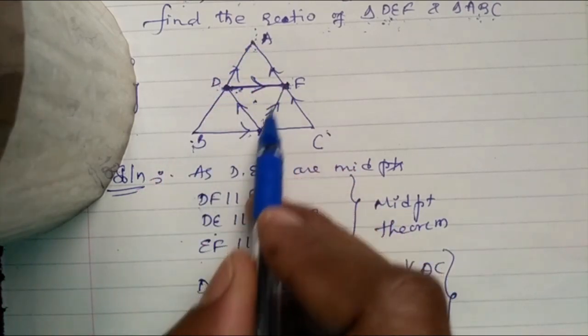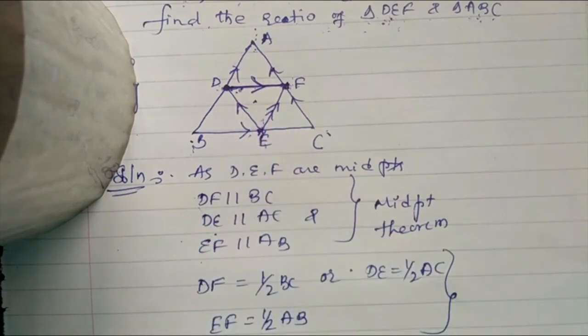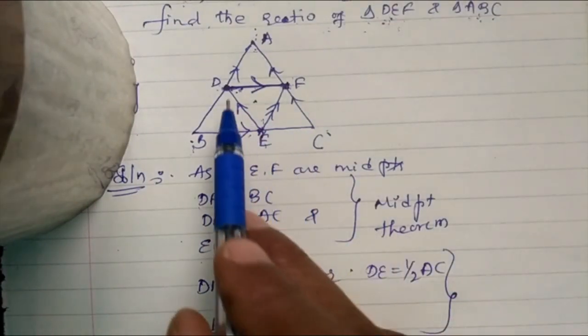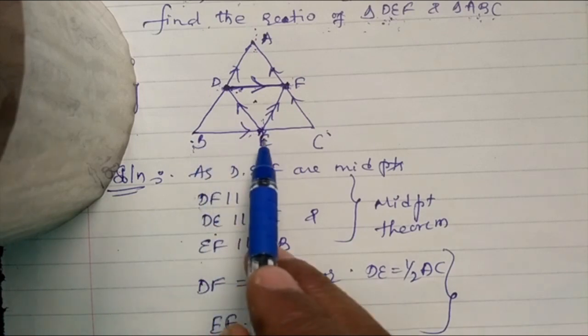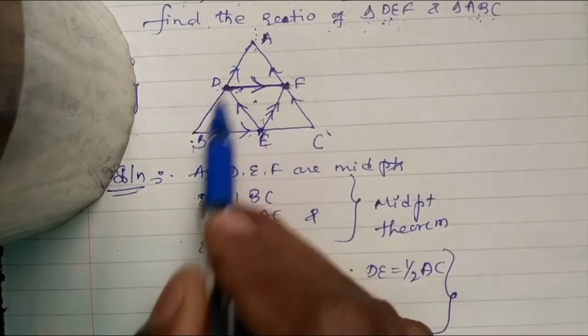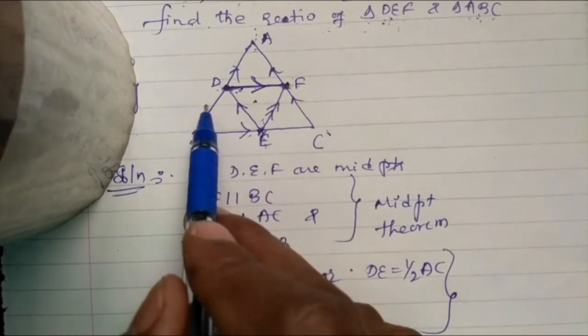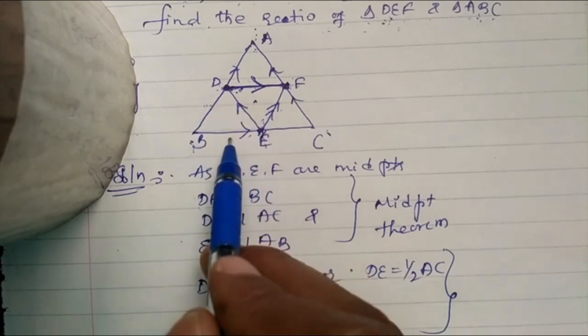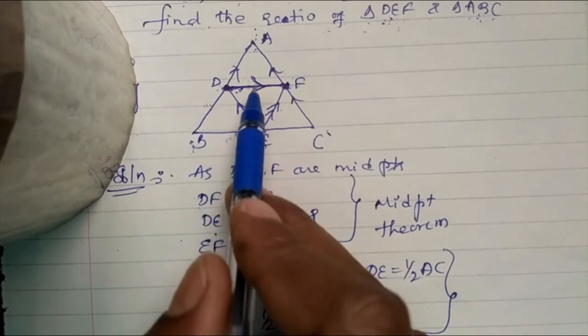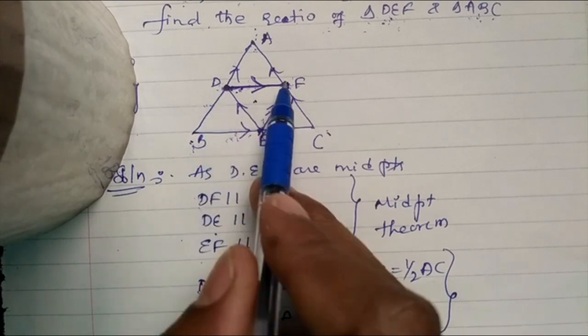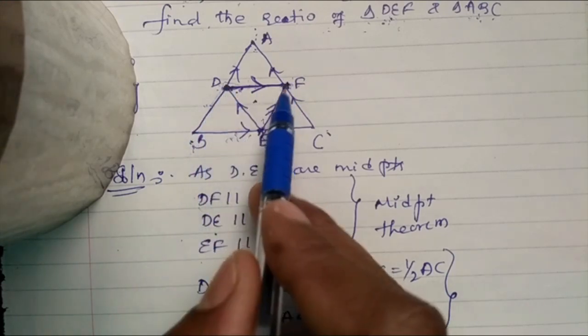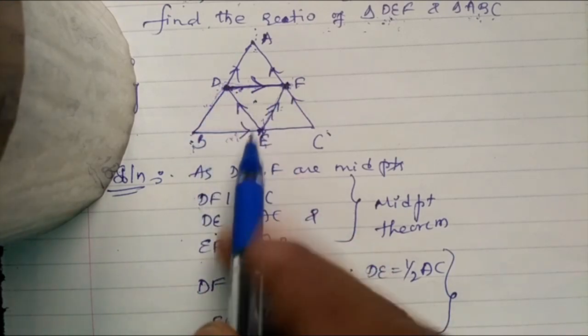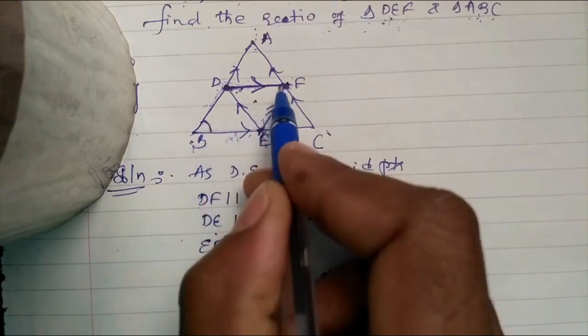Even this is also parallel. Parallel lines are there. DF is parallel to BE. EF is parallel to BD. So these two pairs of opposite sides are parallel, so this has become a parallelogram. In a parallelogram, opposite angles are equal. We know that.